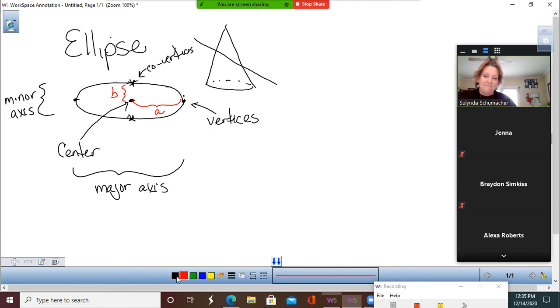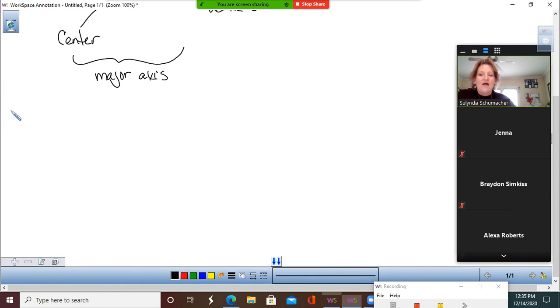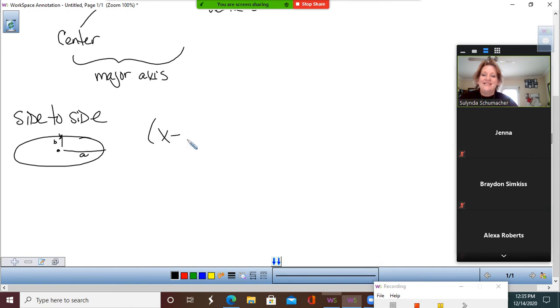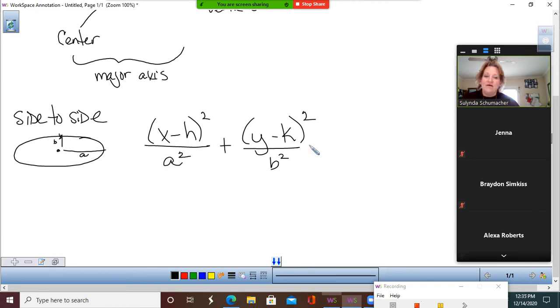All right, so that being said, let's talk about what the equation is going to look like. My equation, when it opens up side to side, again, I want to remind you, if it looks like this, from the center to the outside is A, and from the center to the top is B. So our equation is going to be (x minus h) squared over a squared plus (y minus k) squared over b squared equals 1.